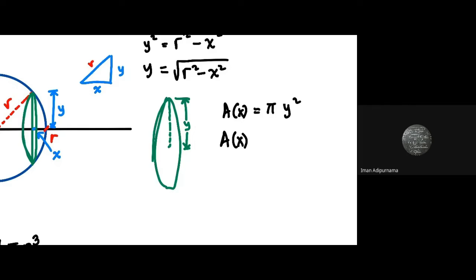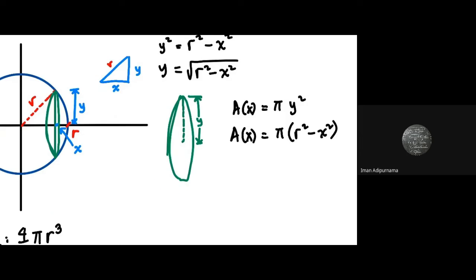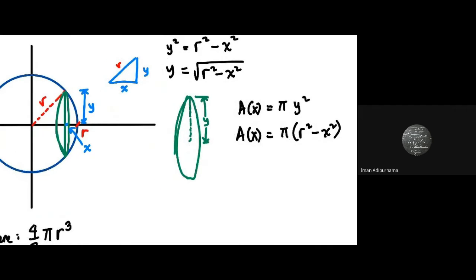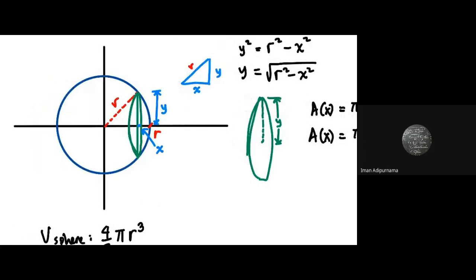Because the area in this equation will be a function of x, we can exchange y squared into r squared minus x squared. Remember that the radius r here is a constant. So we can rewrite the area as this equation, and then we can compute the volume of our sphere.